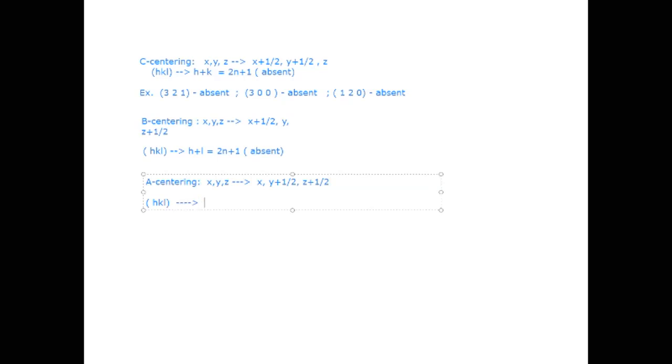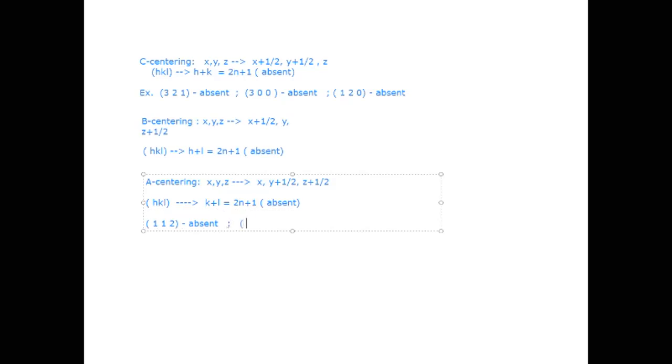And since Y and Z translate, we're looking at K plus L equals odd. These should be systematically absent. Some examples of this: 1, 1, 2 would be absent because K plus L, 1 plus 2 is 3, it's odd.